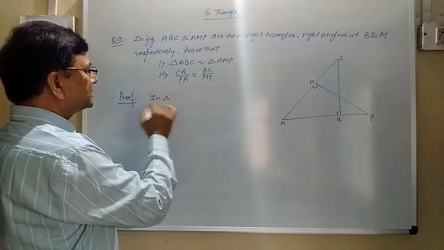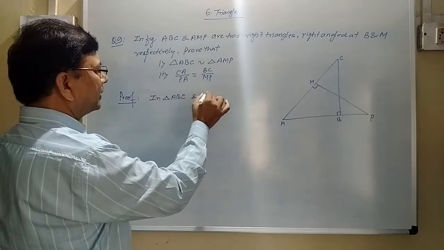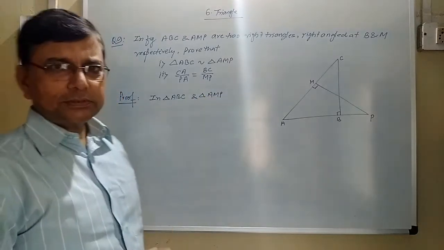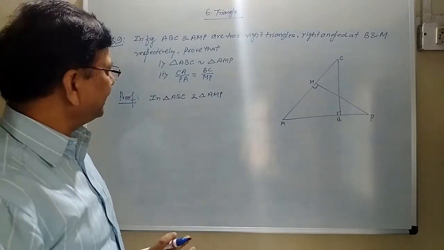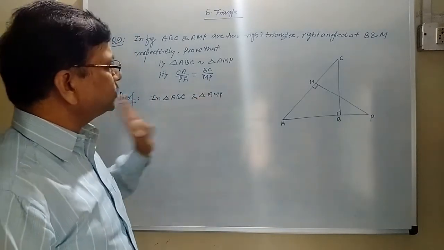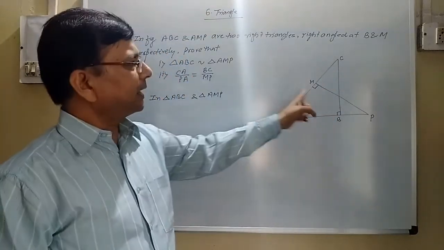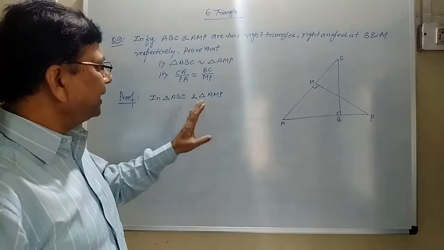In triangles ABC and AMP, we have to use the criteria of similarity.